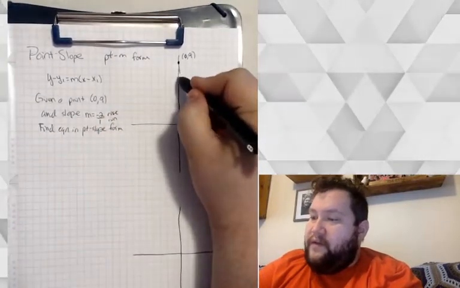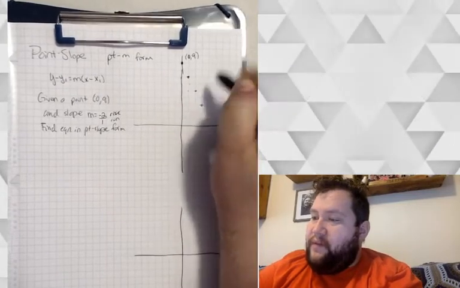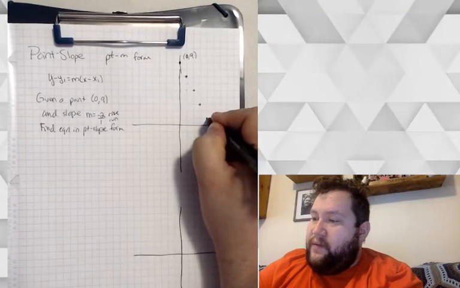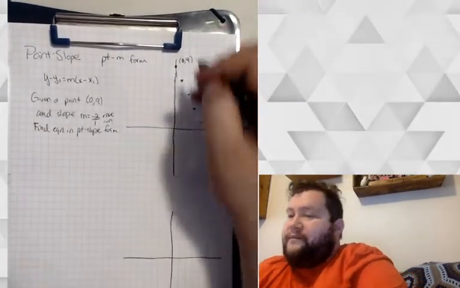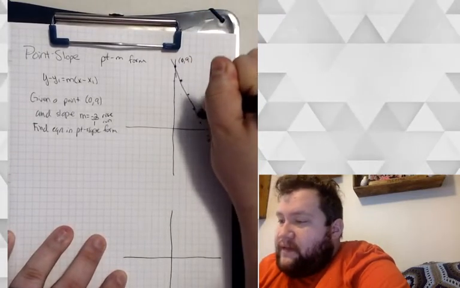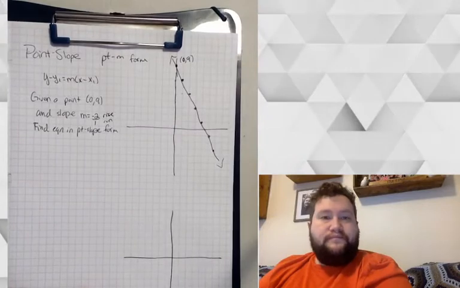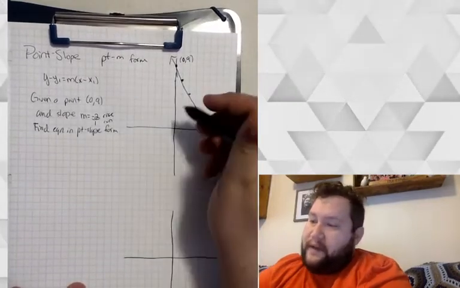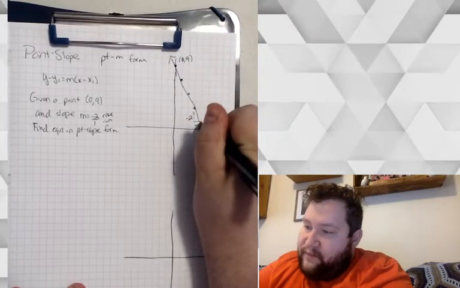We go down 2, right 1, down 2, right 1, down 2, right 1, and so on, and we connect it. So this is the line for which we're finding the equation. Right, because if we look at one of these triangles, we go down 2, right 1.